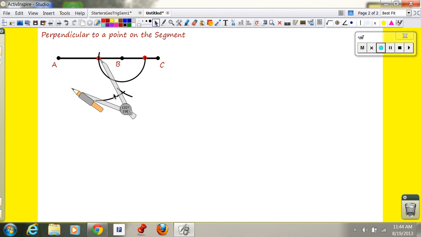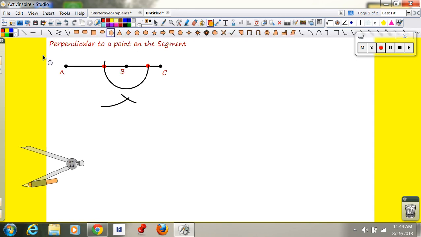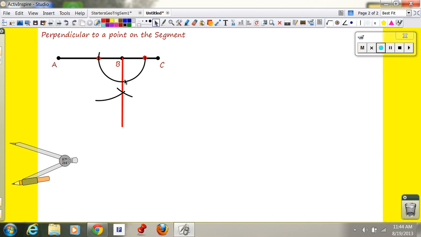You got to make the same arc from the red dots. So I made an arc from that red dot, and I made an arc from this red dot. And the 2 arcs intersected, and all I have to do is connect my X with my point B. And that will make a perpendicular line.